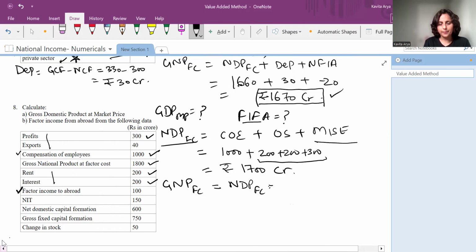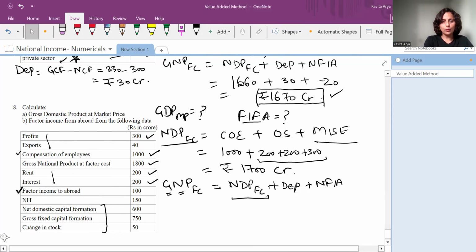N plus depreciation gives G. Domestic plus NFIA gives N, and the rest is the same. So I have this component with me, and NFIA is not here with me. Depreciation again is given in a hidden format. So how do we go ahead?